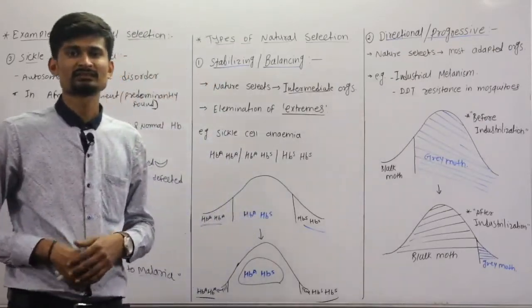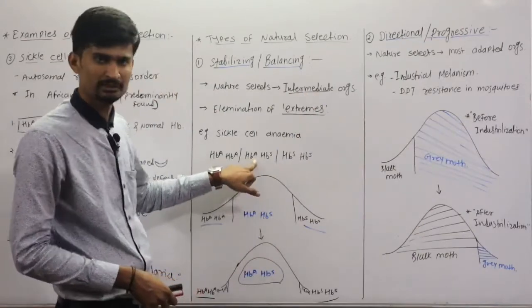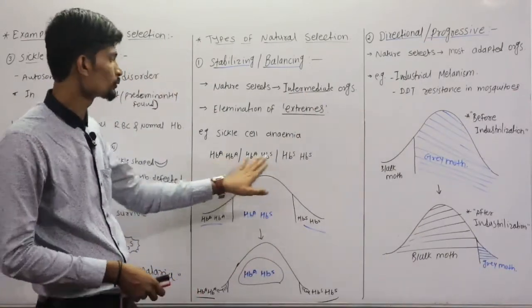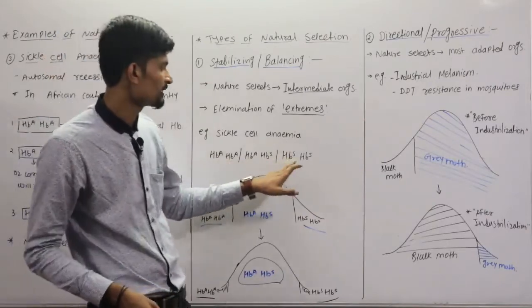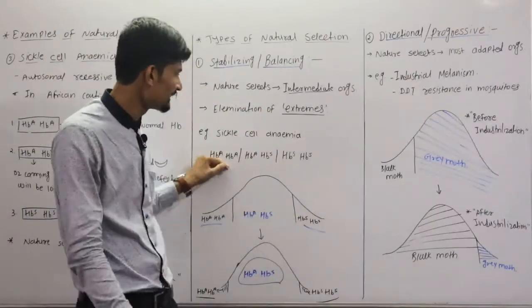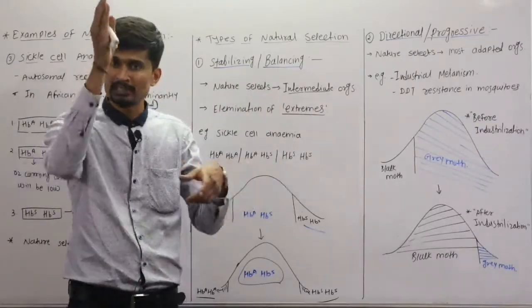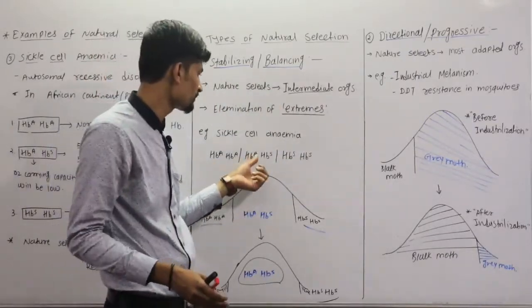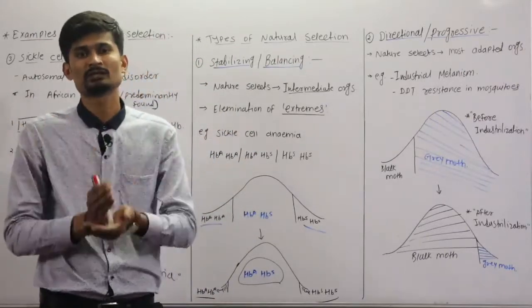That's why nature selects the intermediate organism. This is the intermediate condition, and these are the two extreme conditions, HbA HbA and HbS HbS, meaning one is normal and another is the sufferer. But there is one intermediate condition, that is HbA HbS, meaning 50% normal RBC and 50% sickle shape.